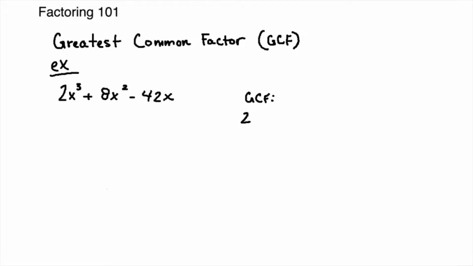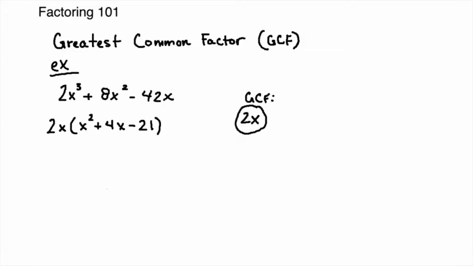Now let's take a look at all of the x variables. For x cubed, x squared, and x, they all have an x in common. So the GCF in this case is 2x. If we take out 2x from all of our terms, we're left with x squared plus 4x minus 21.